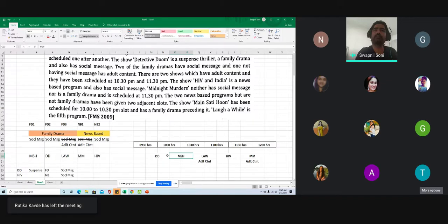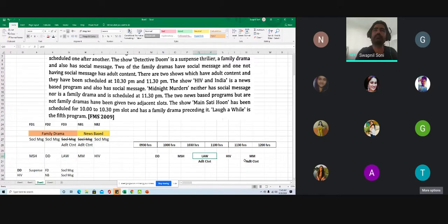Since all these 3 family dramas should be together, we can assume that the program with adult content has to be LAW, Laugh a While, and the one preceding MSH will be Detective Doom. So we get DD, MSH, LAW together.